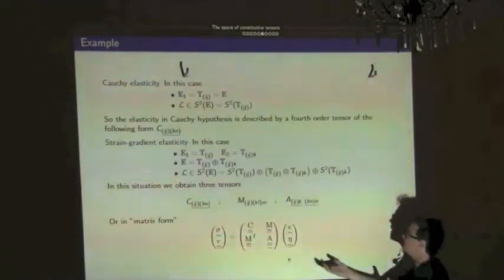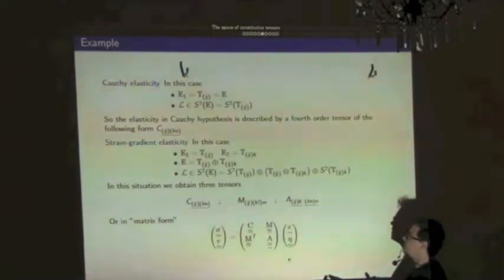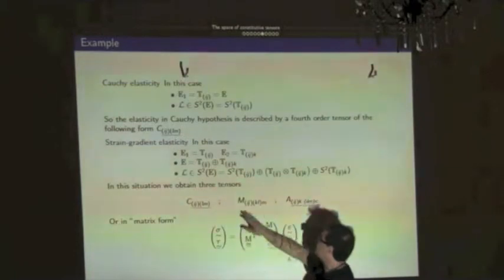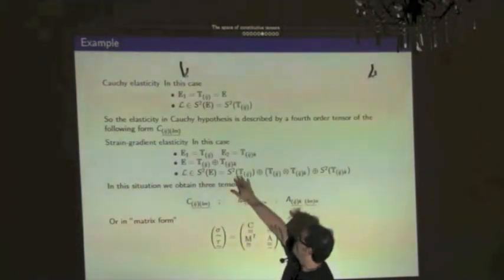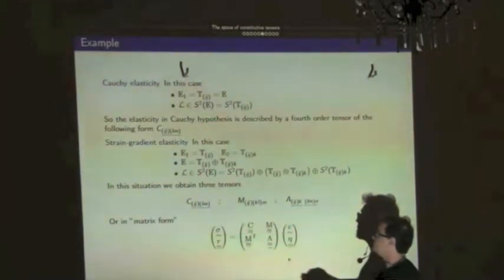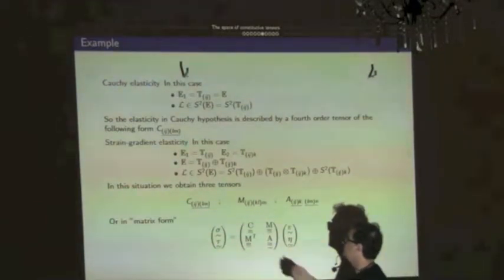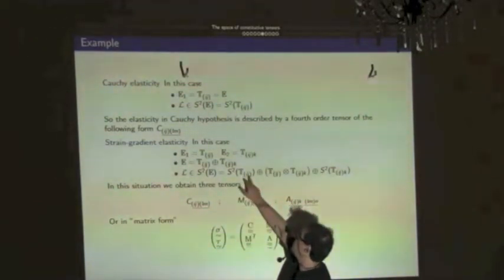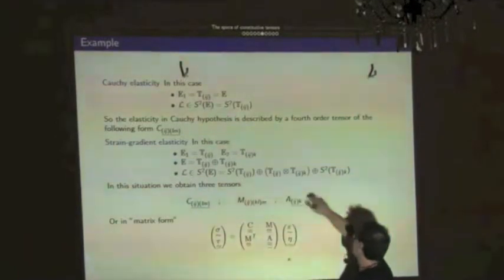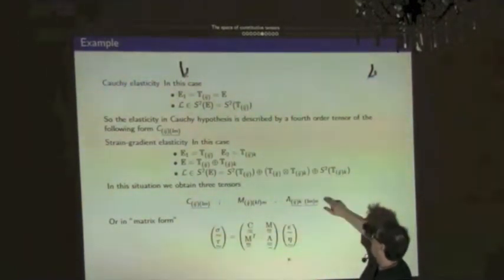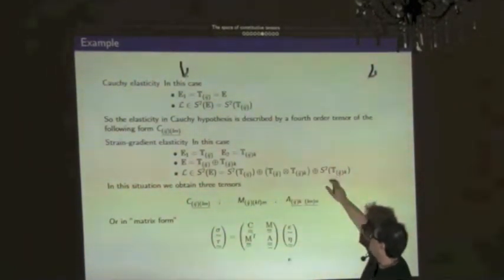So I know that the linear constitutive tensor space associated to that description will decompose into this one, which is a symmetric tensor space that relates second order tensor to second order tensor. I will have this tensor belonging to that space.